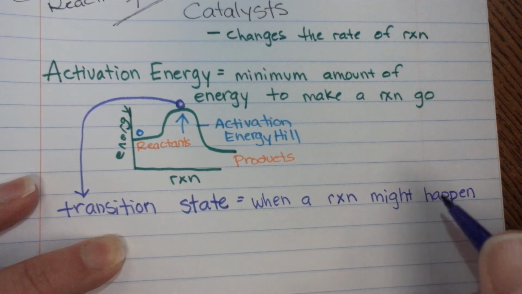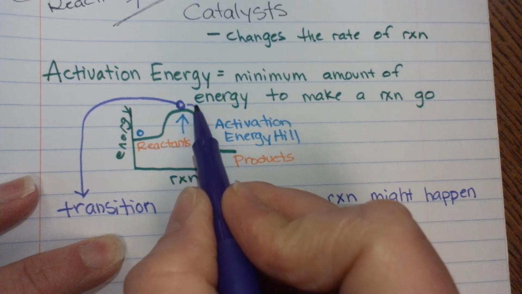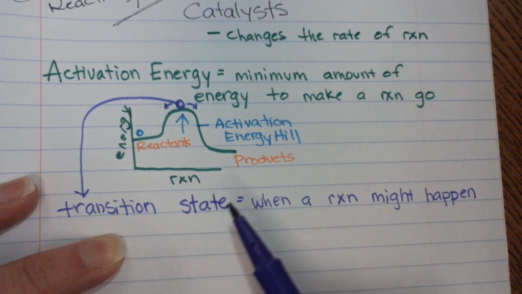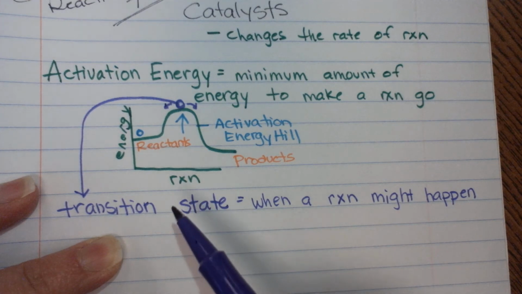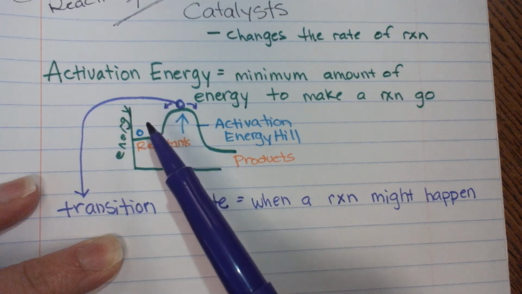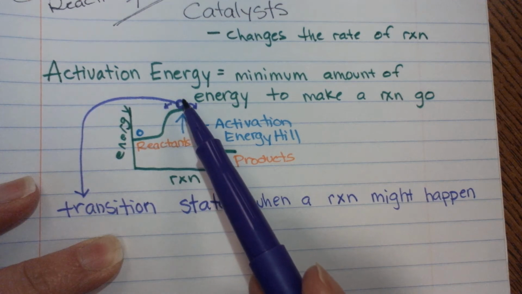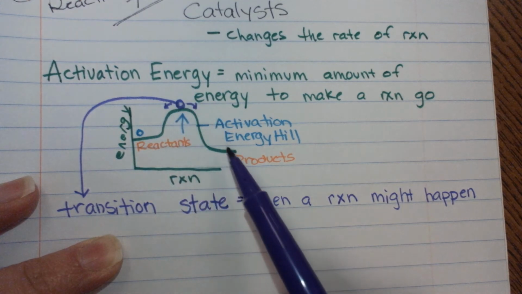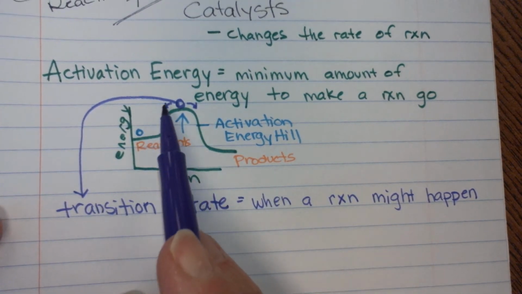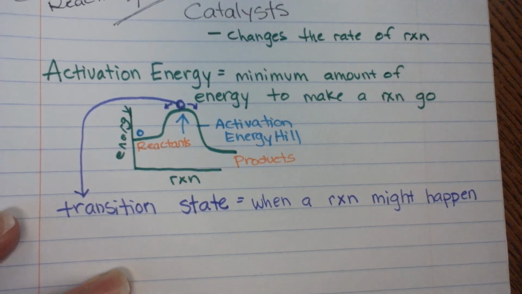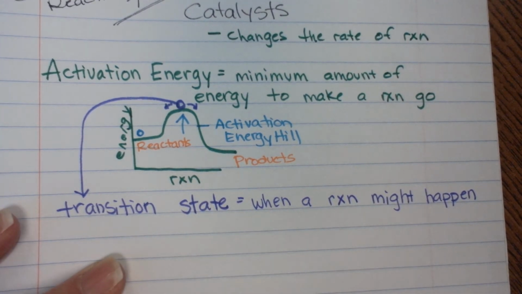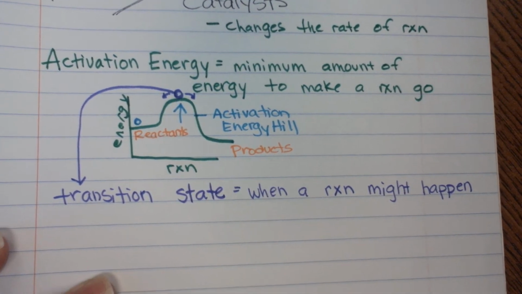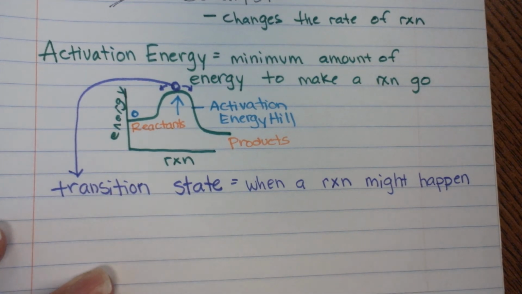It might happen. So our reactants could go over the hill towards the products, or it could roll back. Have you ever played mini golf and the ball comes back at you from the hill? But our reactants could go back and stay reactants, or they could go forward and become products. So that transition state is right there before we know if the reaction is going to happen or not. All right, so that's the first part.